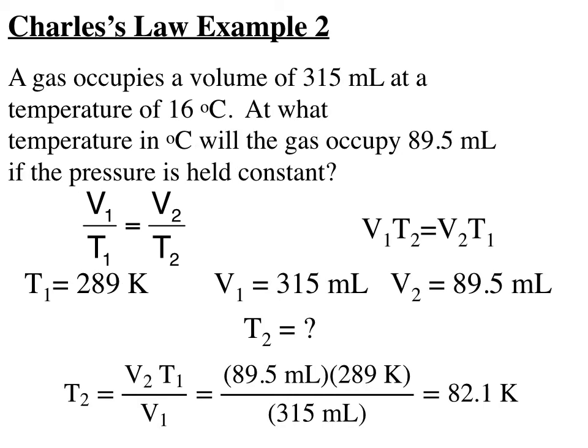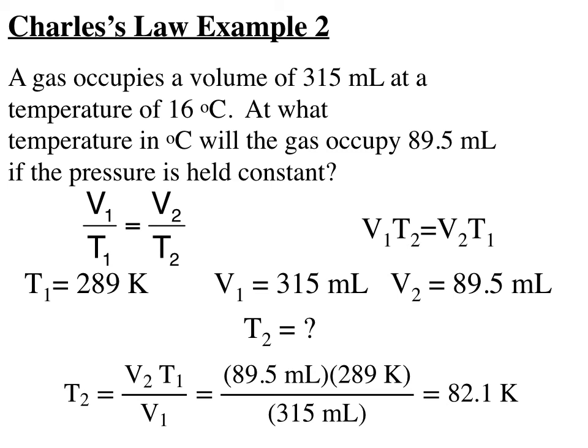Let's stick some numbers in another Charles's law example. I have a gas of volume 315 milliliters at temperature 16 degrees C. At what temperature will the gas occupy 89.5 milliliters if the pressure is constant? So V1 over T1 equals V2 over T2, which I'm going to rearrange to read V1 T2 equals V2 T1. I identify my initial temperature, but I convert it to Kelvin.